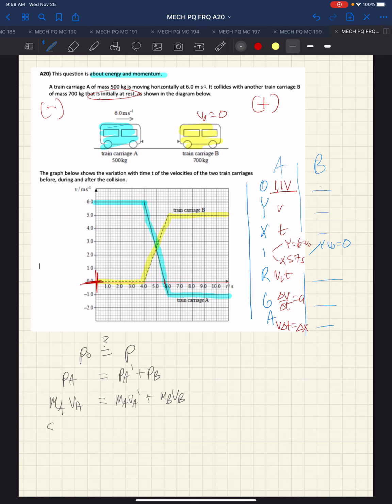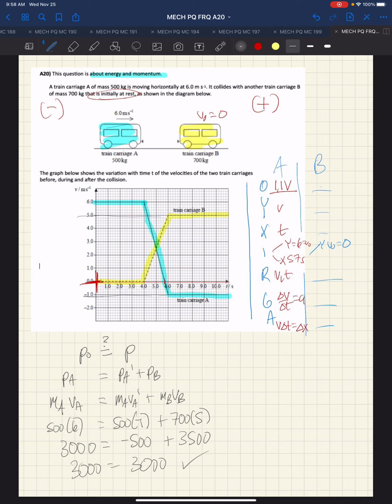The mass of A is 500, and the velocity is 6. Afterward, we have our 500 mass, and we see that its velocity is -1. Afterward, our cart with a mass of 700 has a velocity of 5. So we have 3,000 equals -500 plus 3,500, and we get 3,000 equal to 3,000. So we have confirmed, yes, indeed it is.